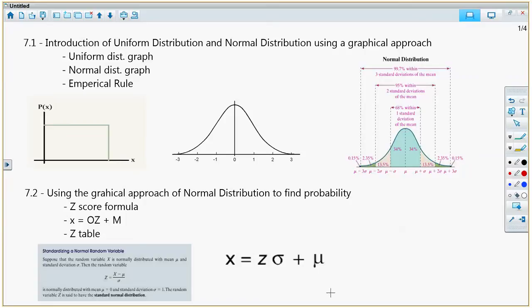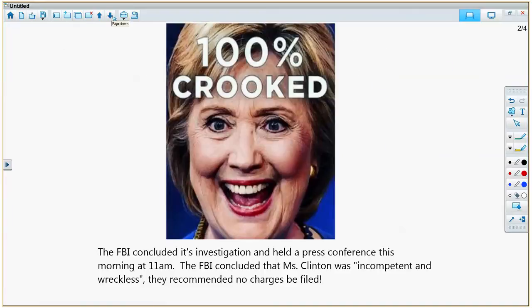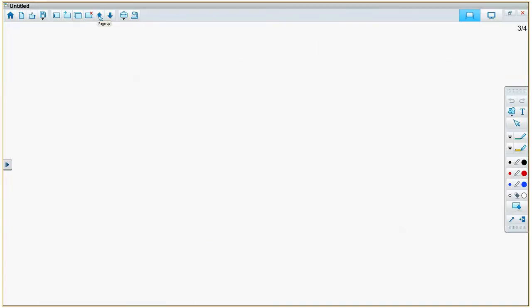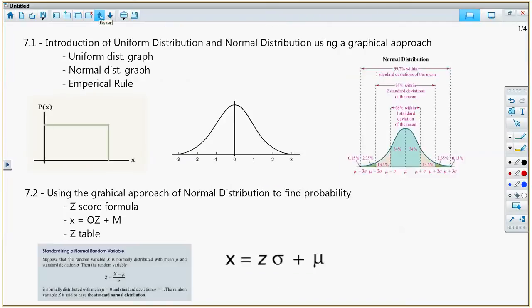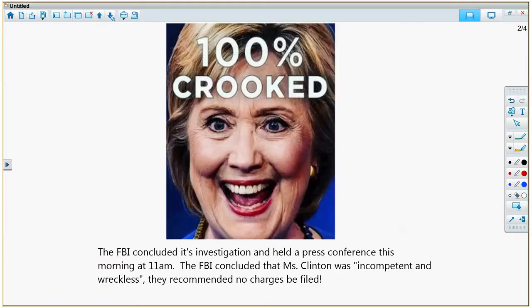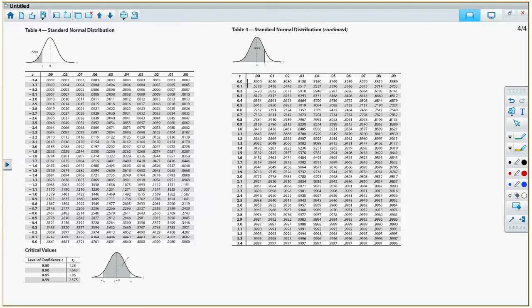We'll move on to the third part of 7.2, and this is called the z-table. Now you don't have to write this down because it'd be ridiculous to write it down, but you need to look for it in your book. It's usually in your book. Nope, that's not it. Where'd it go? Well, there it is.